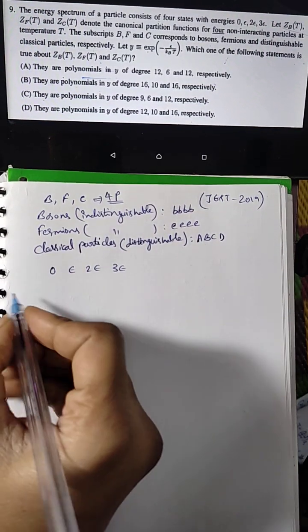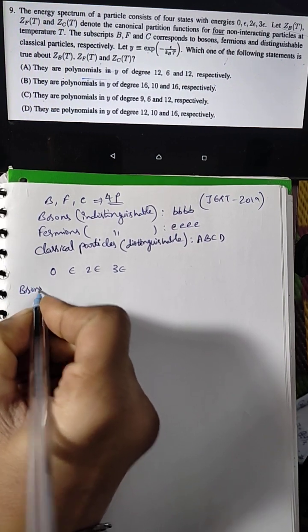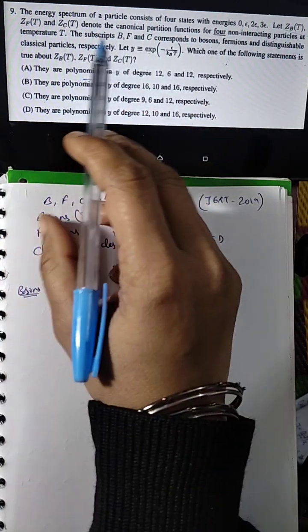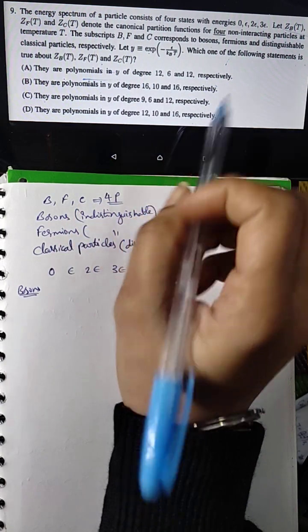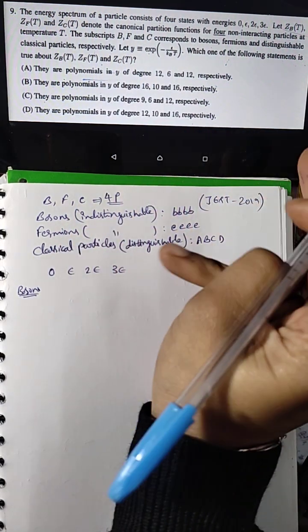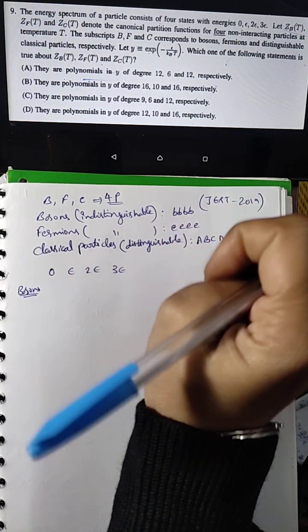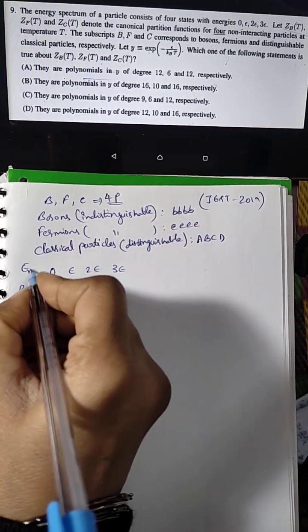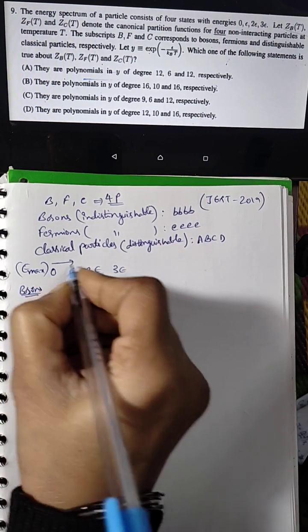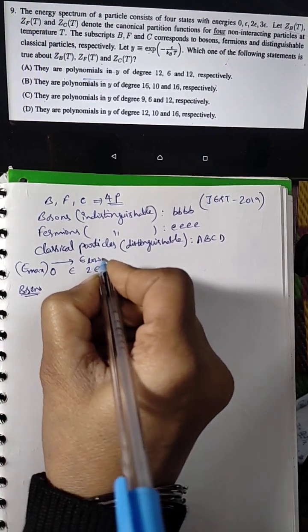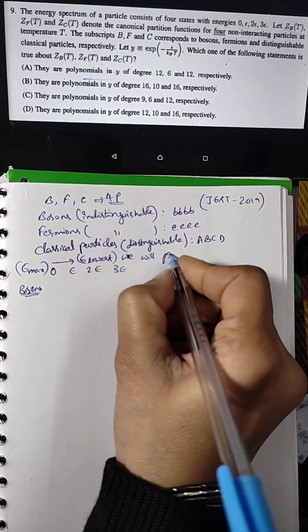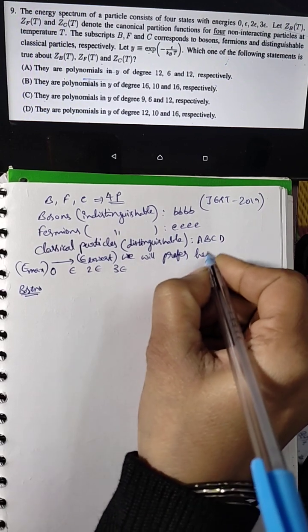So for bosons, the energy spectrum of the particle consists of 4 states with energies. Let us fill the particles from maximum energy, from the maximum to the lowest energy we will prefer here to solve this question.